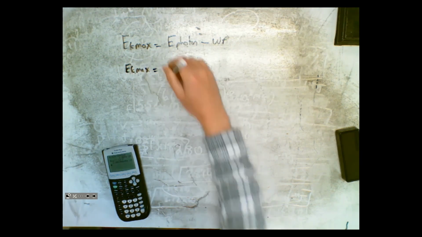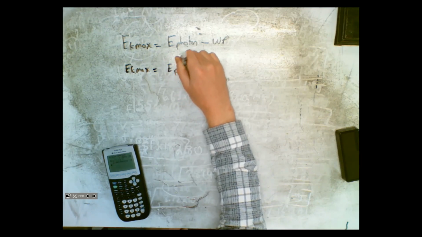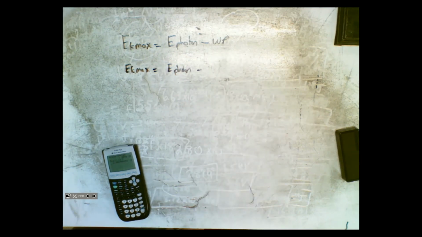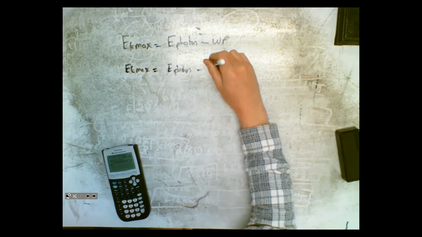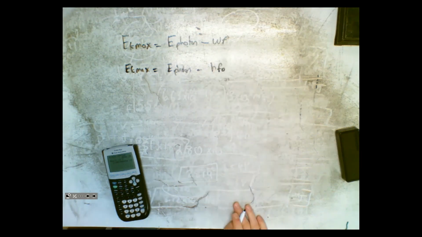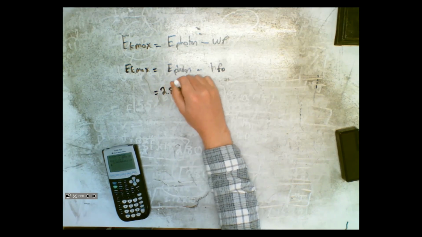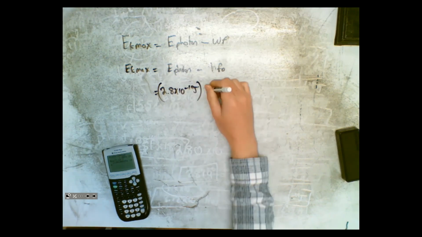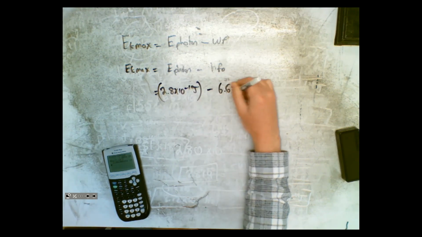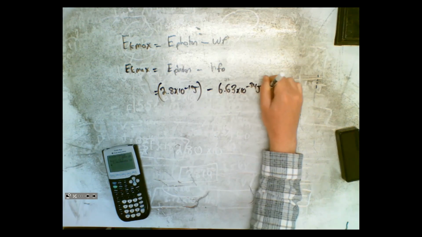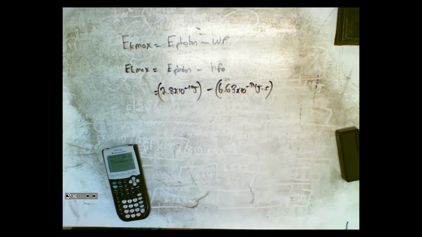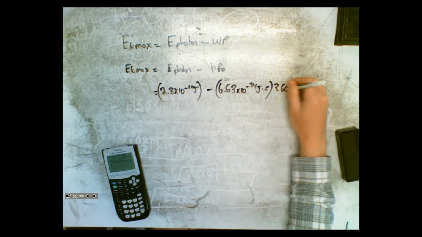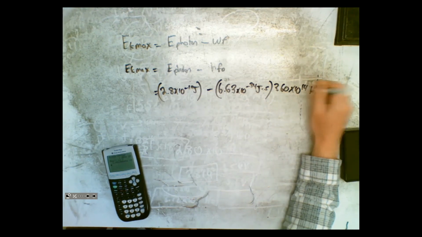They give us the energy of the photon, so we don't need to break this down either. For the work function, they give us a threshold frequency, so we use this and break this down. It's going to be the energy of our photon, 2.8 times 10 to the negative 19 joules, minus h, 6.63 times 10 to the negative 34 joule seconds, times our threshold frequency, which is 3.60 times 10 to the 14 hertz.